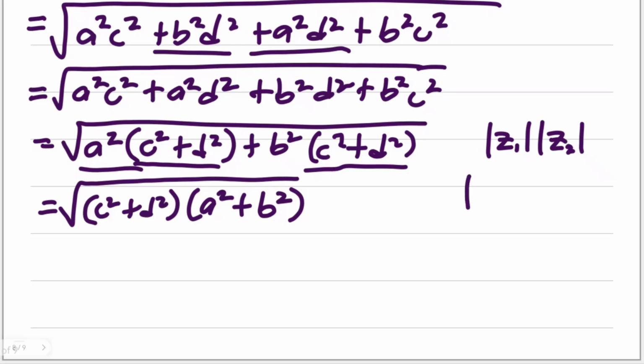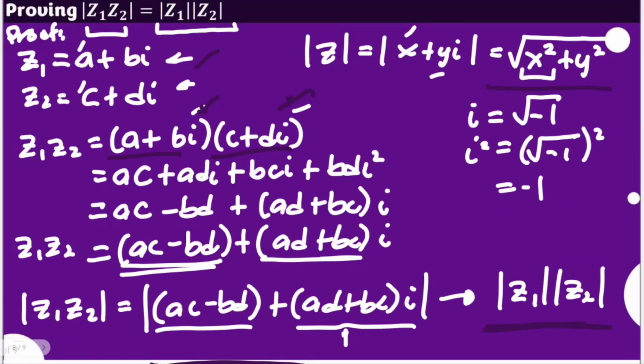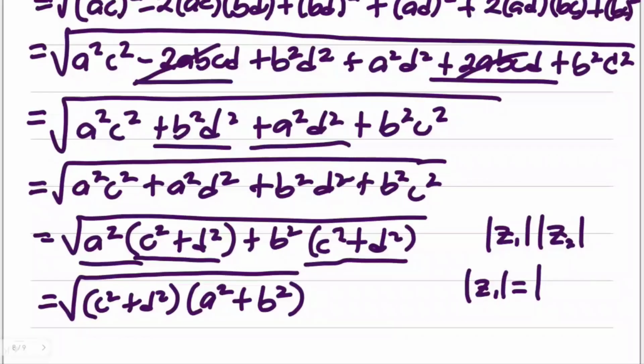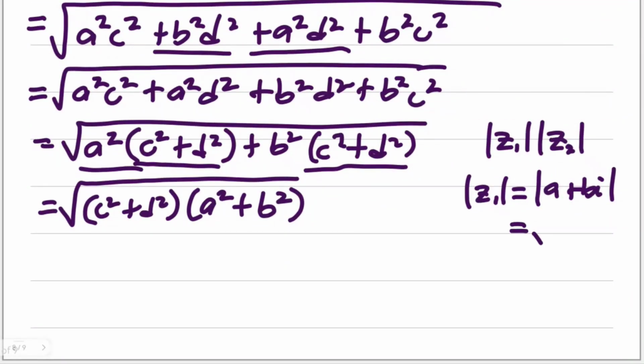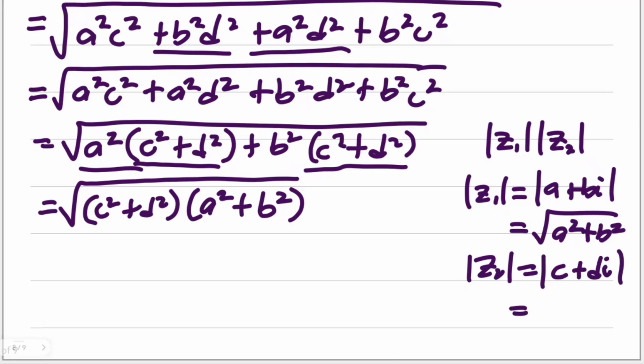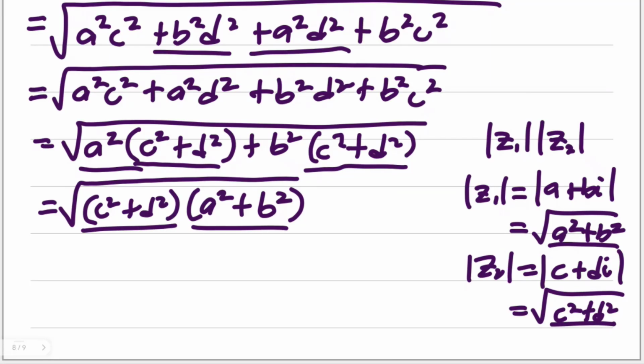Take note that the modulo of z sub 1, being z sub 1 given here, a plus bi, is actually the modulo of a plus bi, which will give us a square root of a squared plus b squared. As for z sub 2, that's actually the modulo of c plus di. It's the square root of c squared plus d squared. I'm looking into this because you can see that both of these radicands can be seen inside. Then that would help us going further.